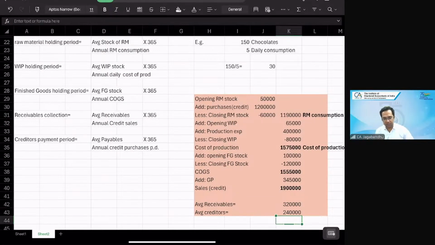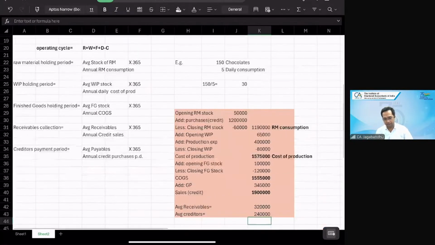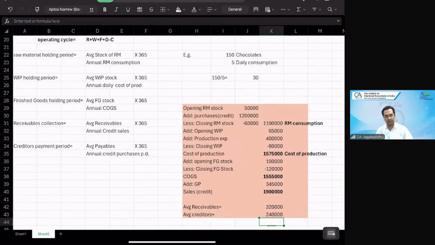Now, based on this, all these are annual figures. This income statement is for a fully annual figure, and these are annual averages.